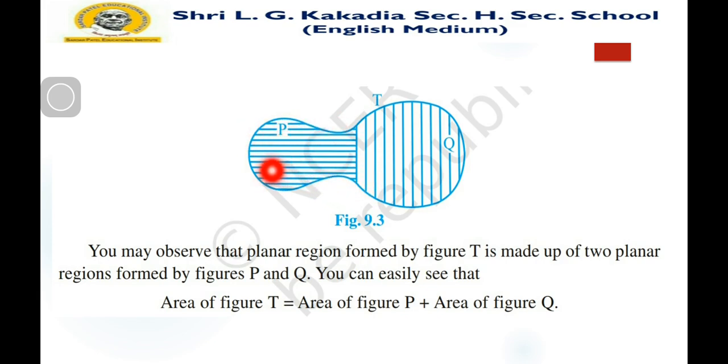This area is denoted by P, and this vertical area is denoted by Q, and the total area of P and Q is given by T. You may observe that the planar region formed by figure T is made up of two planar regions formed by figures P and Q. You can easily say that the area of figure T is equal to the area of figure P plus the area of figure Q. If we join two figures, as you can see in 9.3, then the total area, that is the area of figure T, is equal to the area of the first figure plus the area of the second figure, that is area of P plus area of Q. So in this way, let us discuss some properties of parallelograms and triangles.